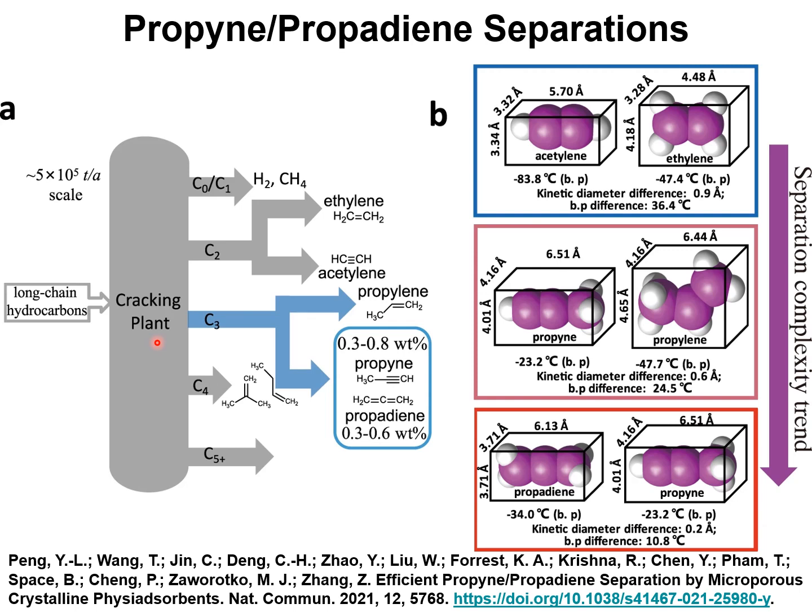Propadiene is often available as a mixture with other gases such as propyne. The separation of propyne from mixtures with propadiene is difficult because of small differences in boiling points, of the order of 10.8 Kelvin, and small differences in molecular sizes.